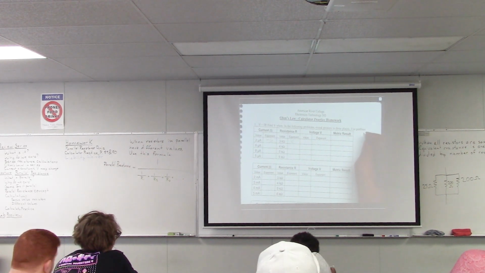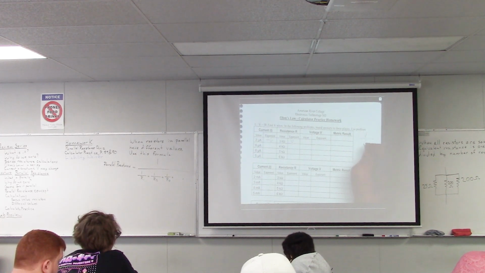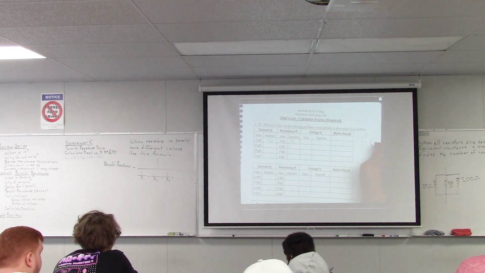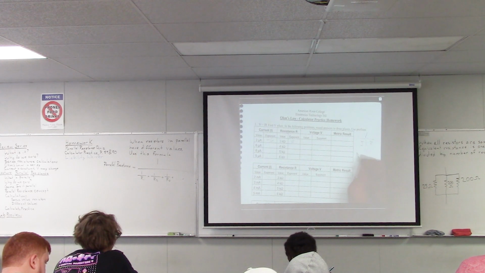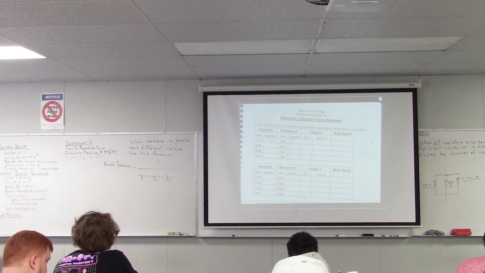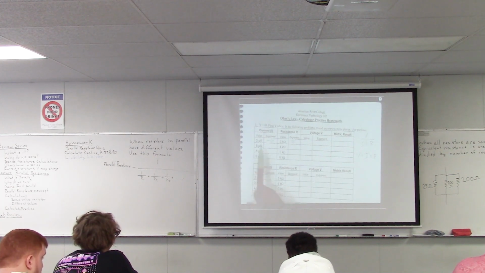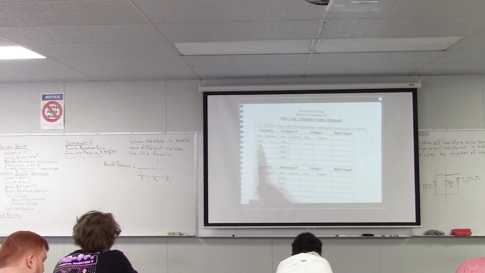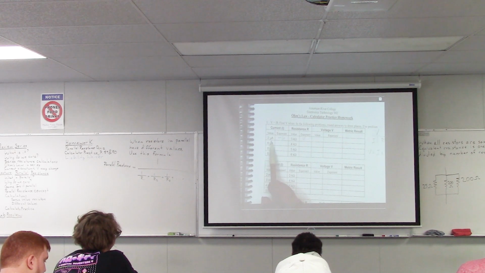We've got V, I, and R. We want to find the voltage. We just write down V equals I times R. Okay, so what we want to do to find this voltage is we want to multiply our current I times our resistance R.